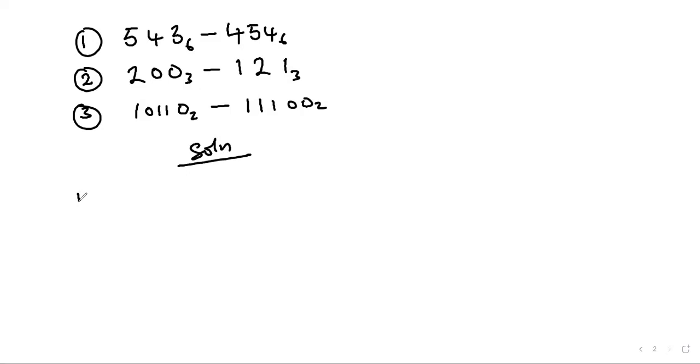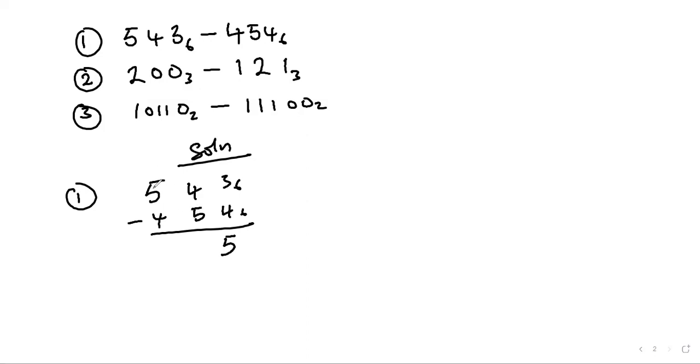Solution. For number 1, we have 543 base 6 minus 454 base 6. So 3 minus 4 cannot. You borrow 1 from 4, and that 4 becomes 6. 6 plus 3, 9. 9 minus 4 is 5. What is left here is 3. 3 minus 5 cannot.